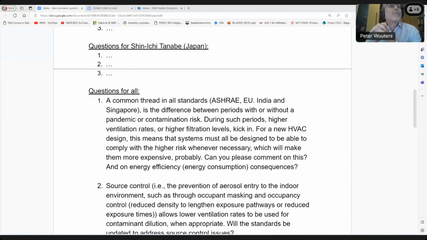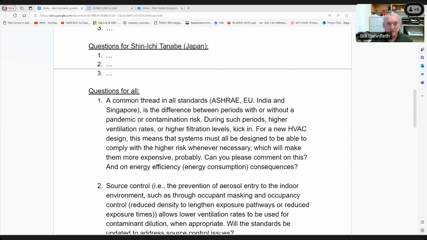Bill, can you? I'll be happy to say something. As far as cost, it's likely there would be some increased initial cost, but in terms of cost effectiveness, the economist that we have on our committee has already published a cost effectiveness analysis that shows that the standard more than pays for itself in reduced health impacts.